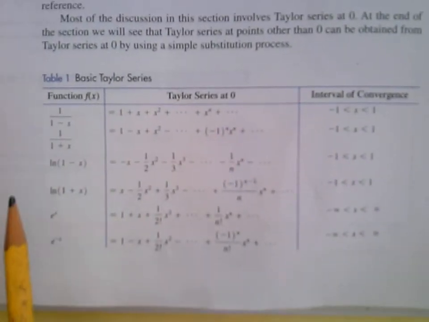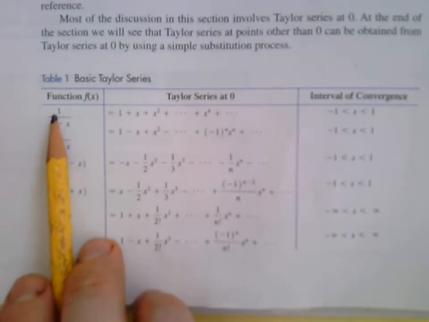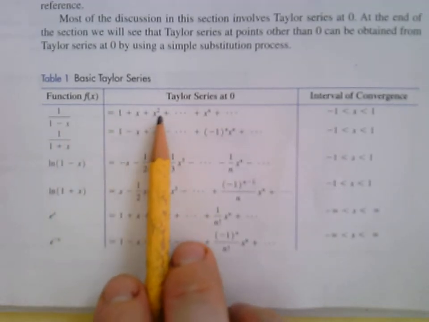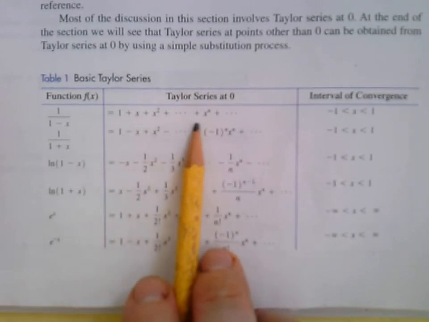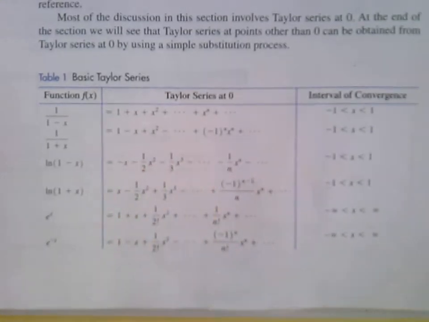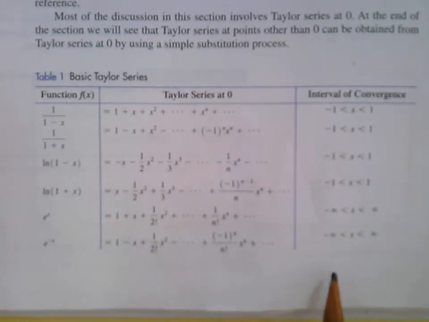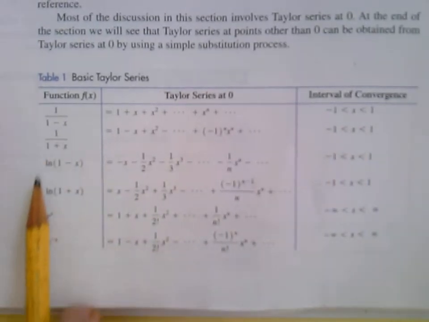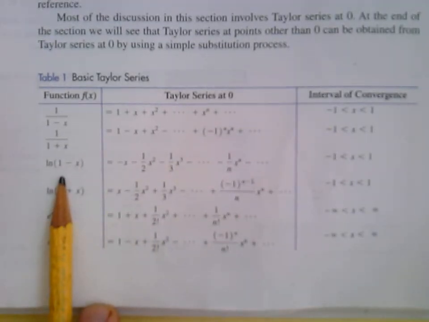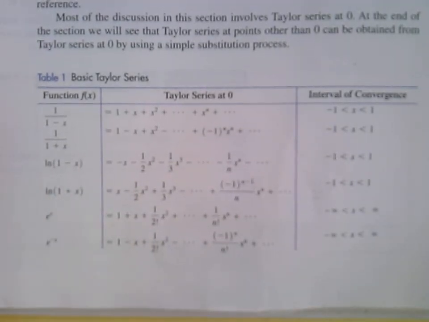So sorry if it's still a little small, but I've got 1 over 1 minus x. There's the Taylor series, and it's just in the expanded form. It's not in the sigma notation, which is nice. And they give us the interval of convergence of each of these. So we've got 1 over 1 minus x, 1 over 1 plus x, the natural log of 1 minus x, the natural log of 1 plus x. Now this is really small.